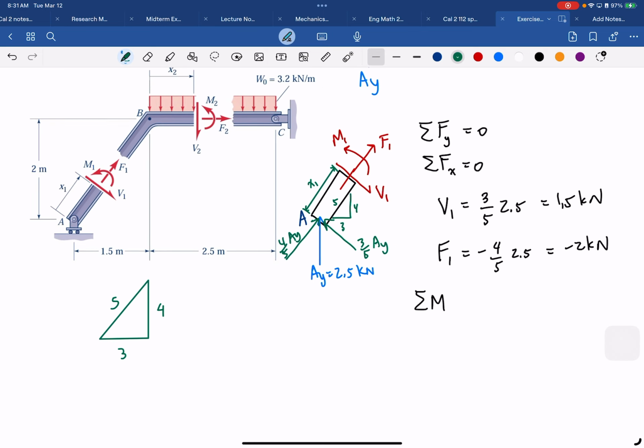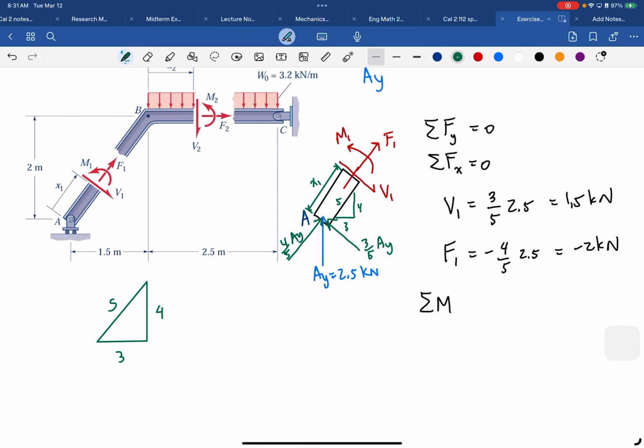So sigma moment at this point, let's say this is the point 0. Taking that as equal to 0, make it positive on clockwise.